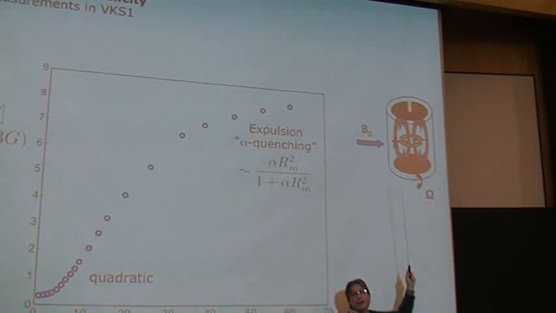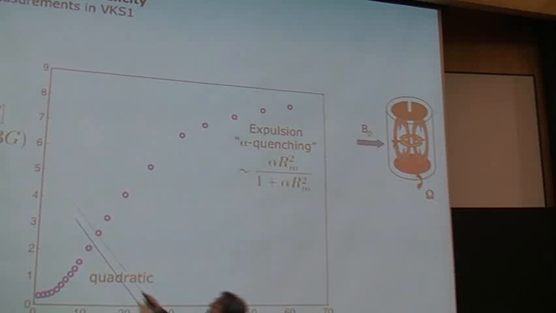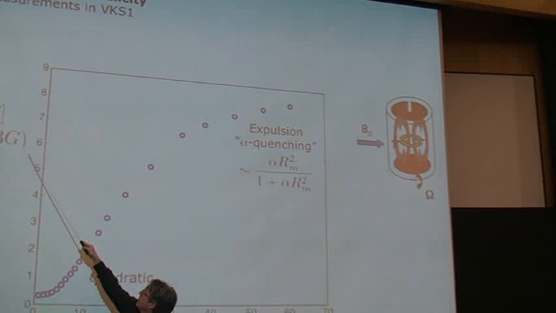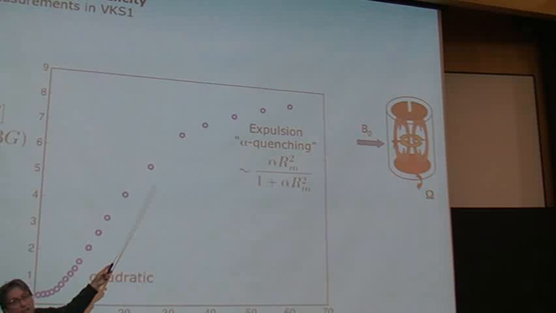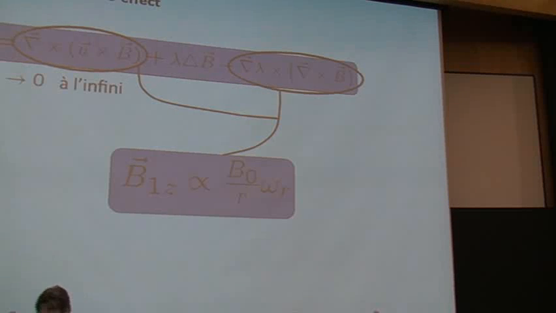Now, you measure the amplitude of that vertical axial field when you increase the magnetic Reynolds number, and what you see is first a quadratic effect, and of course in the end the expulsion, because the whole thing rotates. And that expulsion can be thought of as alpha quenching in some models.